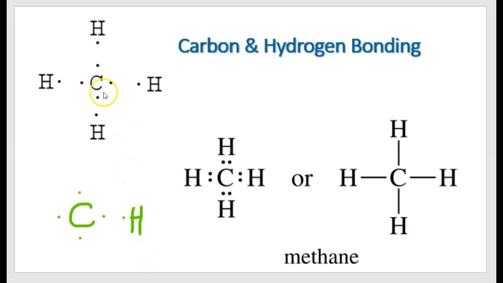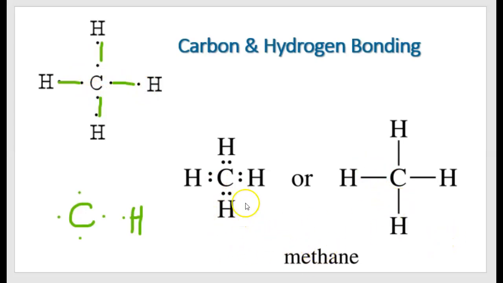Notice that carbon, if it has some neighboring hydrogens, can bond to four different hydrogen atoms, because then it will have eight total electrons in that valence orbital: four from the hydrogens and the four that it originally had. This is the structure of methane.